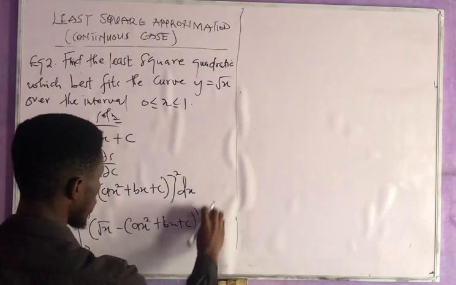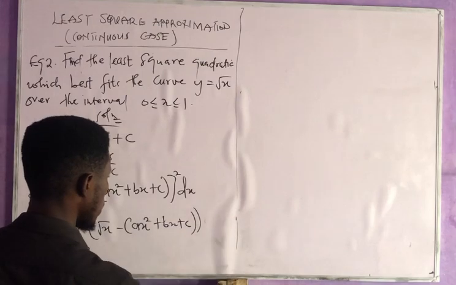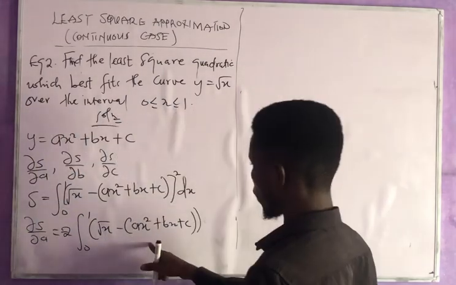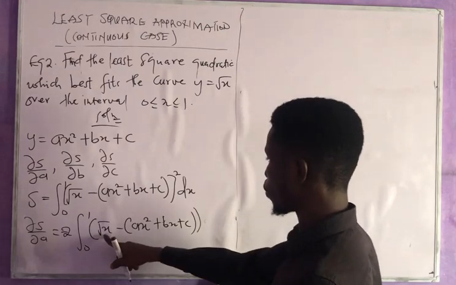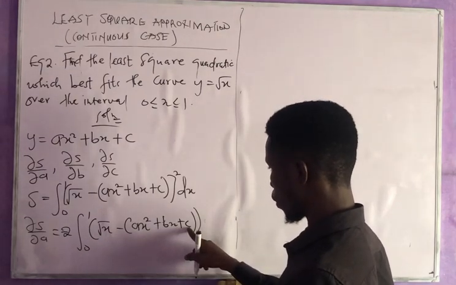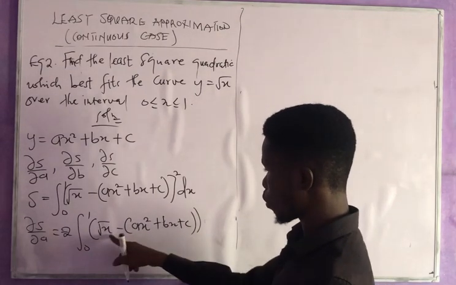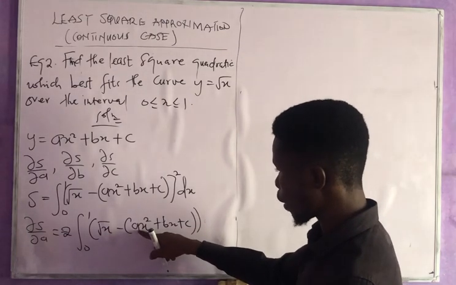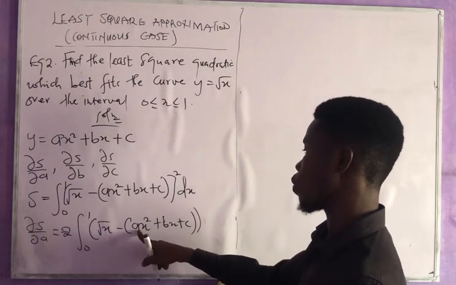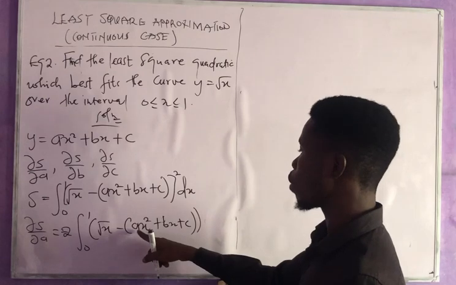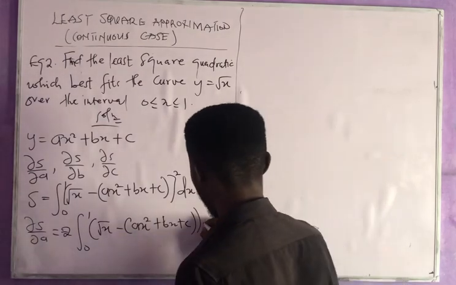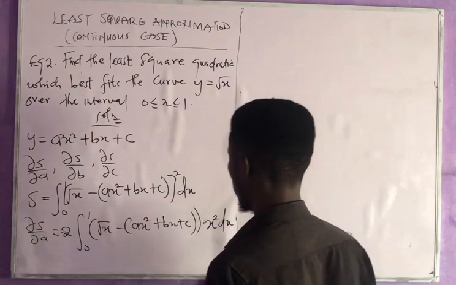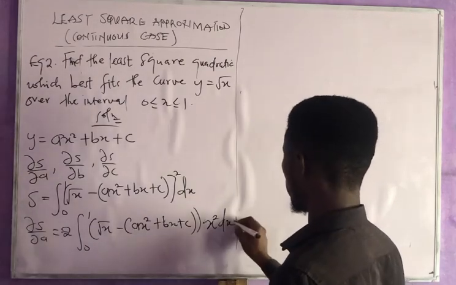Alright. Let me differentiate the inside with respect to a. This will be 0, this will be 0, this will be 0 because there's no a here, no a here, no a here. So you consider this. If you look at this one, the a here is just a, not a squared. So if I differentiate a, I'll get 1. 1 times x squared will give me x squared. Then I'll bring my dx.